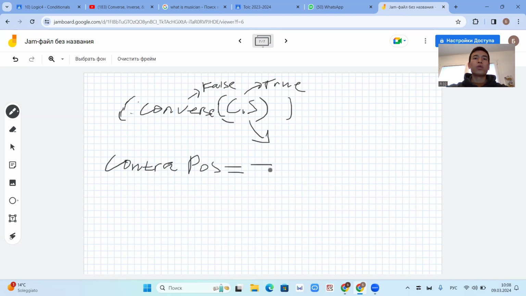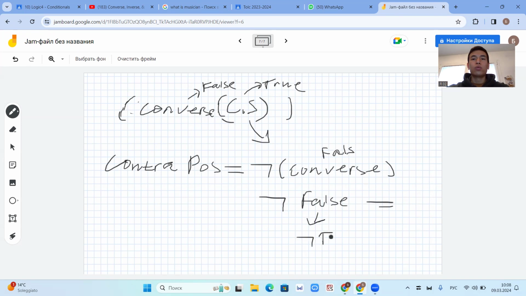Contrapositive is the negation of converse. In our case, we know that converse is false, and we are left with not false. Not false is true, right? So what's false? Actually, false is not true.